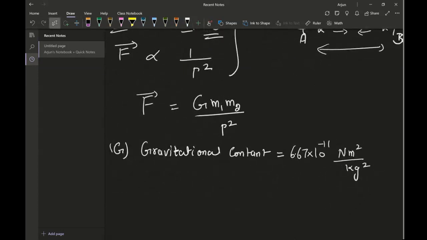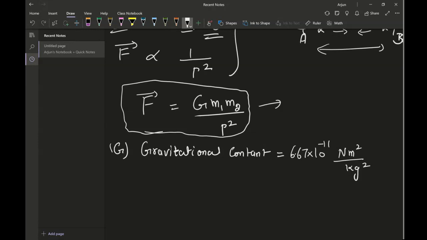So this is the formula proposed by Newton for the force of attraction between the two given bodies. And based on this formula, scientists came up with Fg equal to mg, and we'll talk about that later in this lecture too.